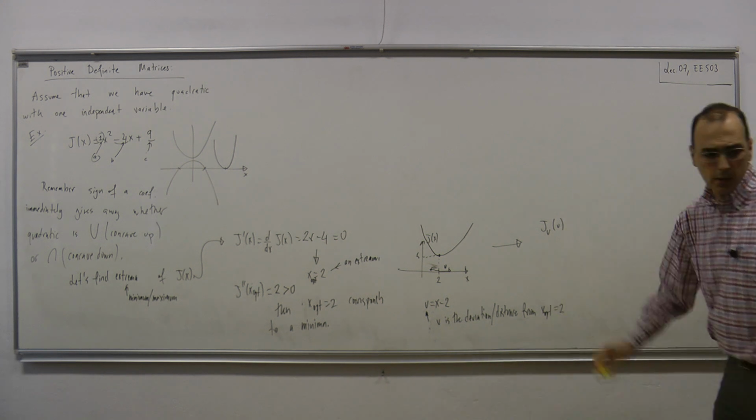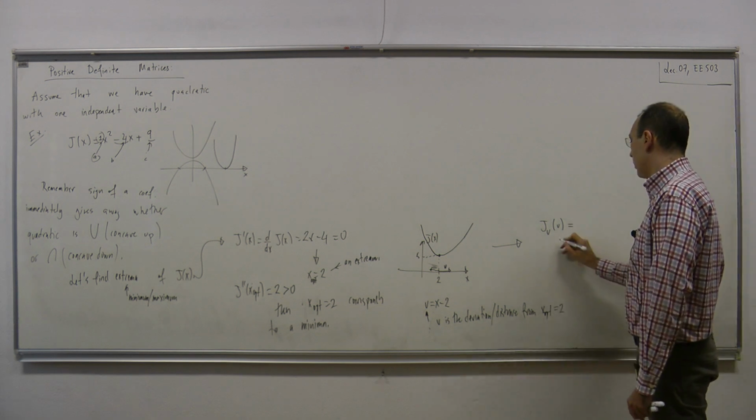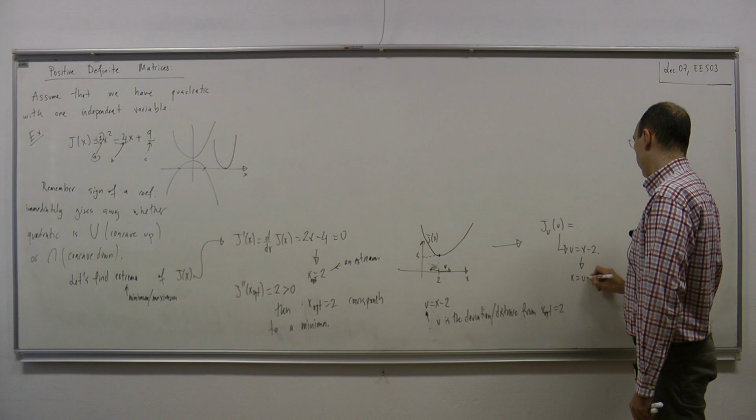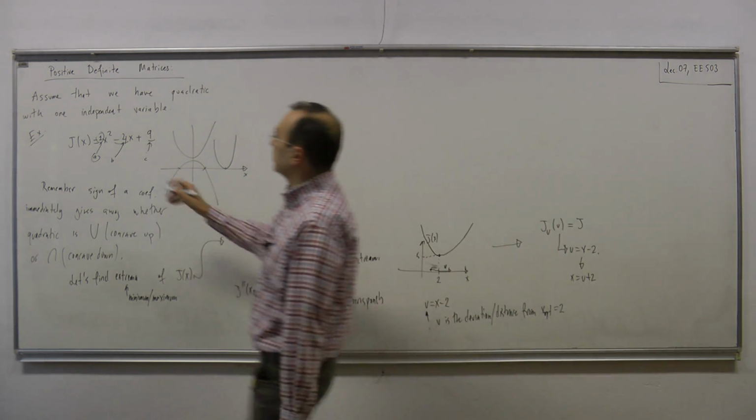There is a minor mistake. So if I do this, then u is equal to x minus 2, then x is equal to u plus 2. So I should write this in terms of x.